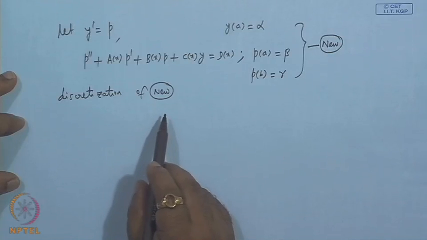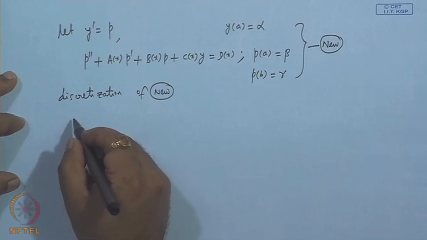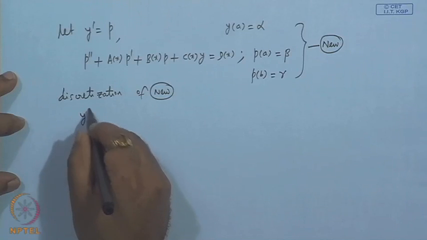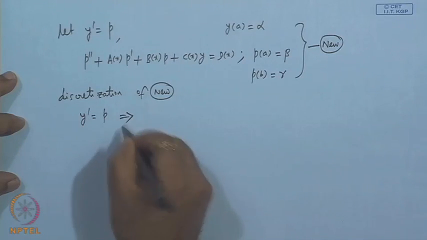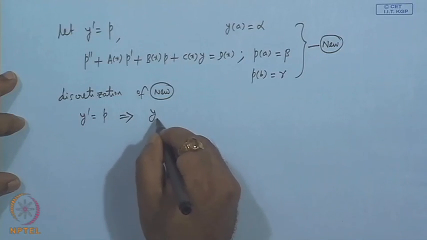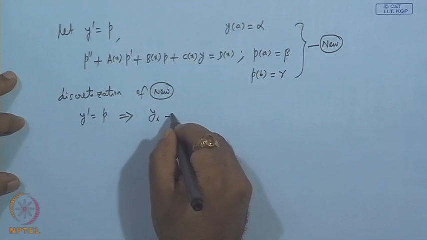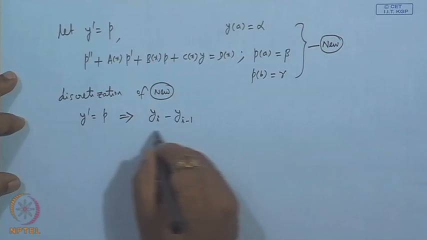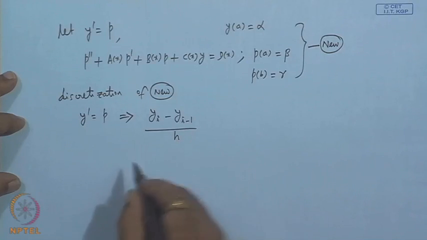So, discretization of the new system as follows. So, this we discretize. So, backward there.